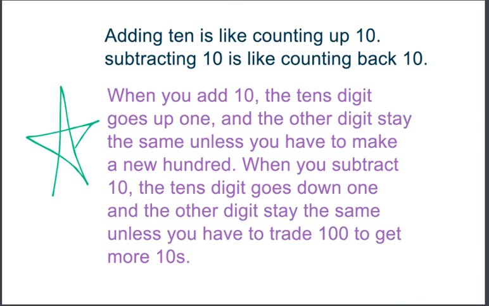Let's check it out. When you add 10, the tens digit or tens place goes up 1. And the other digits stay the same, unless you have to make a new hundred. When you subtract 10, the tens digit goes down 1, and the other digits stay the same, unless you have to trade 100 to get more tens.